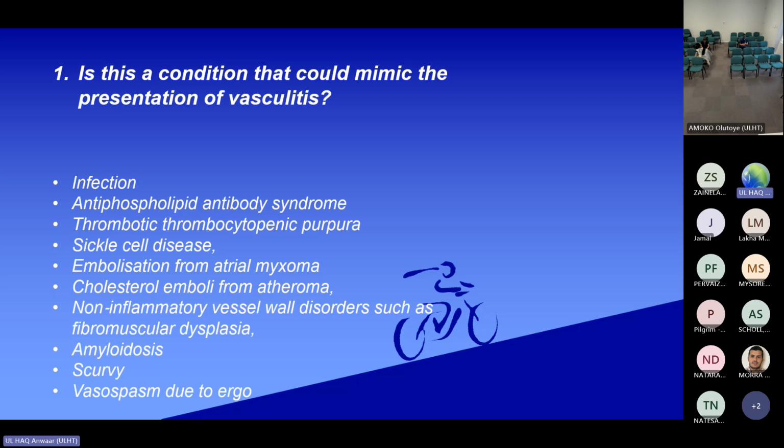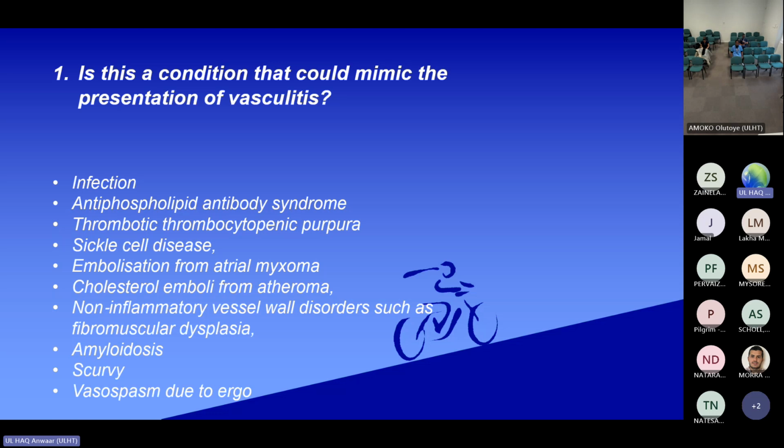Sickle cell disease, embolization from atrial myxoma, cholesterol emboli from atheroma, non-inflammatory vessel disorders such as fibromuscular dysplasia, amyloidosis, scurvy, and vasospasm due to ergot elements. So these are a few things.